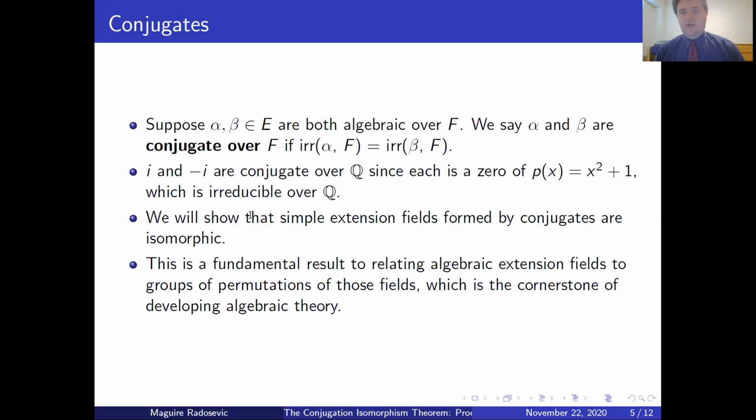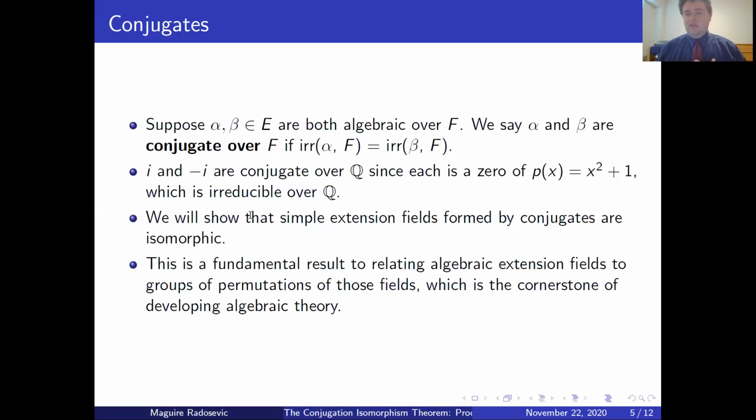This result of showing that these simple extension fields between conjugates are isomorphic is fundamental to developing algebraic theory, because what it does is it gives us a way to relate algebraic extension fields to groups of permutations of those fields.